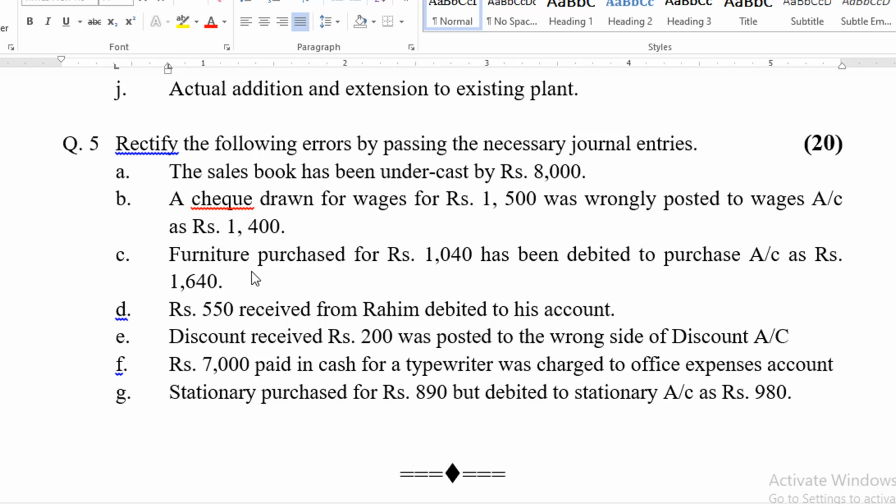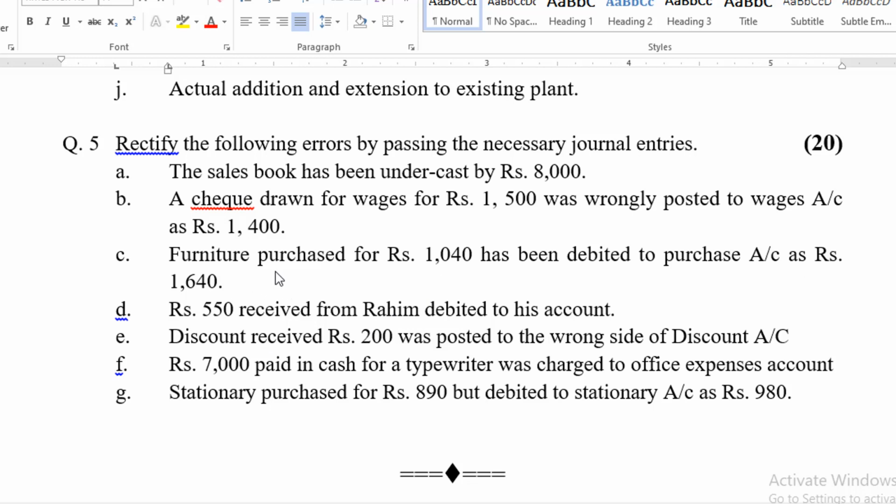The first account is furniture, which is totally absent from the books of record because its amount is wrongly debited to the purchase account. So in the first step we are going to eliminate this wrongly debited value from the purchase account and transfer it to the right account, the furniture account.